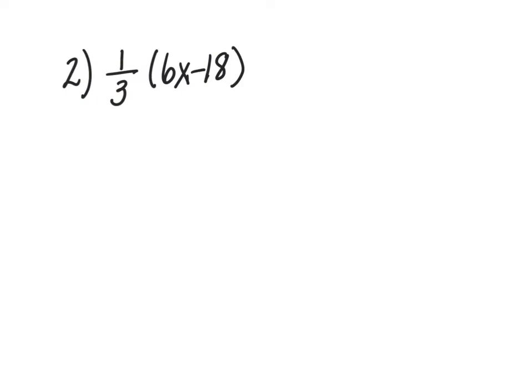On number 2, we have 1/3 times 6x minus 18. People don't usually like to work with fractions, but I want you to see that working with this fraction is really not that difficult. We're going to distribute 1/3 times 6x. So when you multiply 1/3 times 6x, you can just do a little scratch work off to the side.